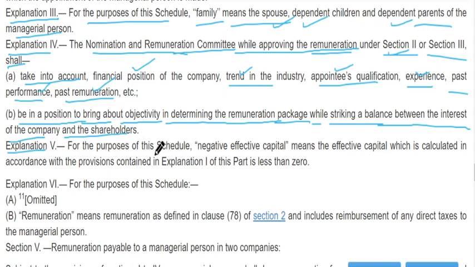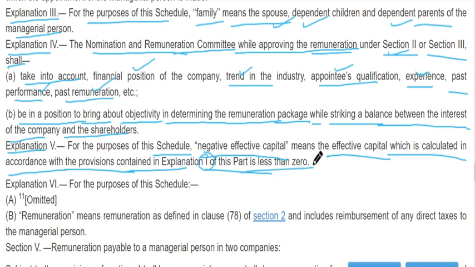Explanation 5. For the purpose of this schedule, a negative effective capital means that the effective capital, calculated in accordance with the provision contained in explanation 1 of this part, is less than 0.